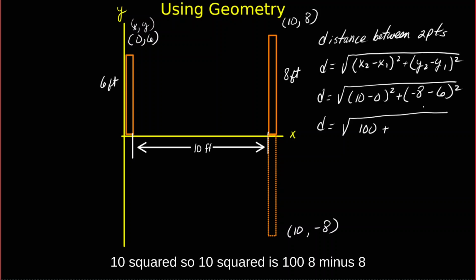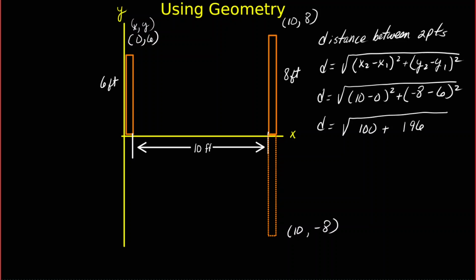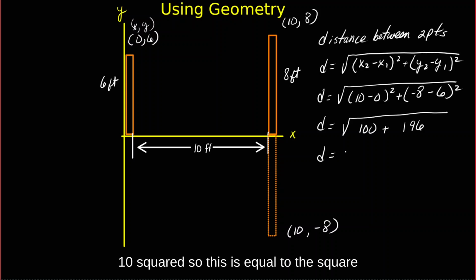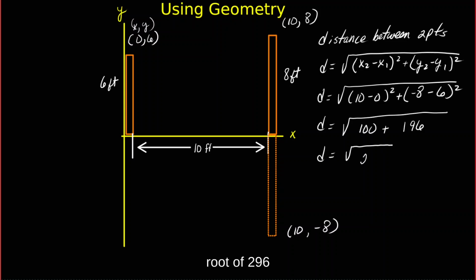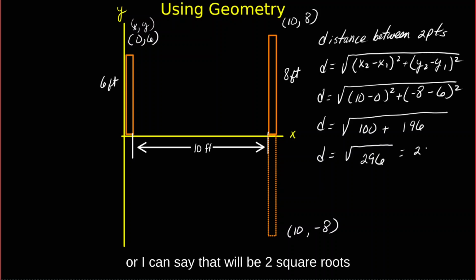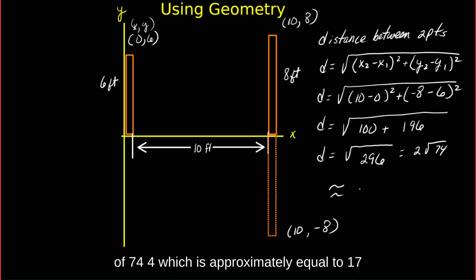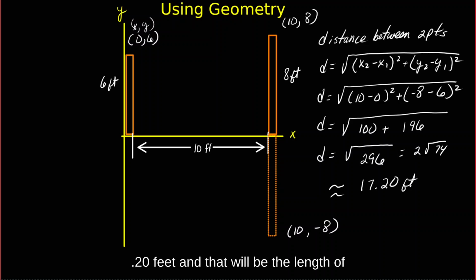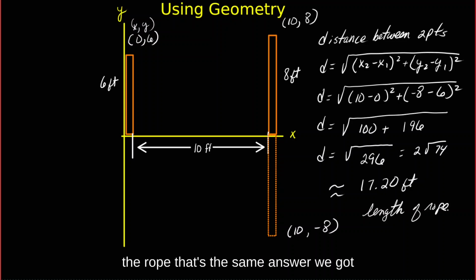Negative 8 minus 6 is negative 14, and negative 14 squared is 196. So this is equal to the square root of 296, or 2 square roots of 74, which is approximately 17.20 feet. That will be the length of the rope, the same answer we got using the calculus.